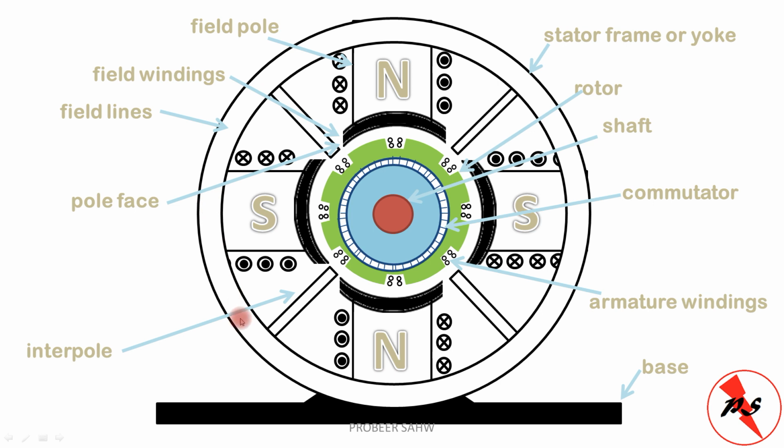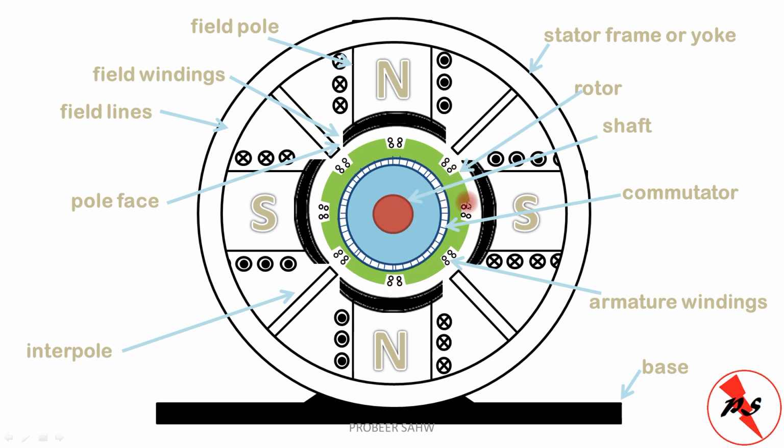We have an outer frame or yoke. On it we have field poles. On the field poles, field windings are wound, due to which north-south poles are created. We have the pole face in this manner so that the air gap between the rotor and field poles is minimum. We have a rotor which is supported on a shaft.